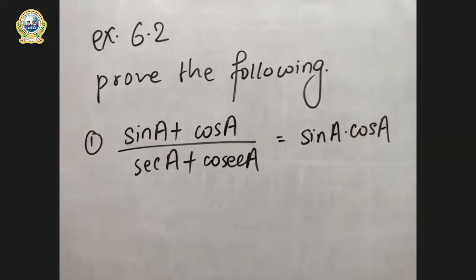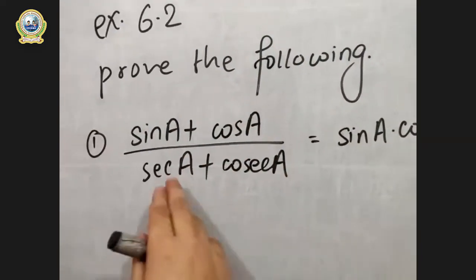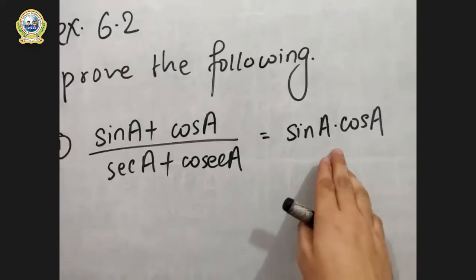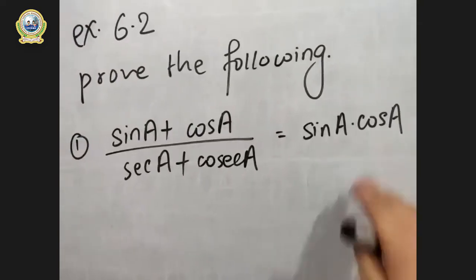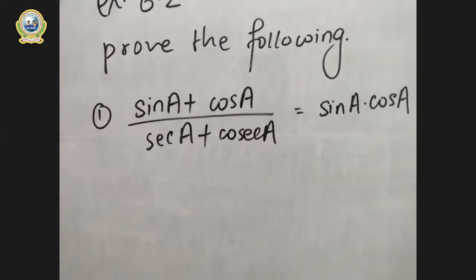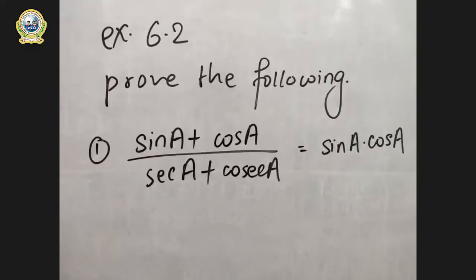The question says sin A plus cos A in the numerator and sec A plus cosec A in the denominator. It must give sin A multiplied by cos A on the right hand side. Is the question clear? You are clear, right? Now you have to prove this.